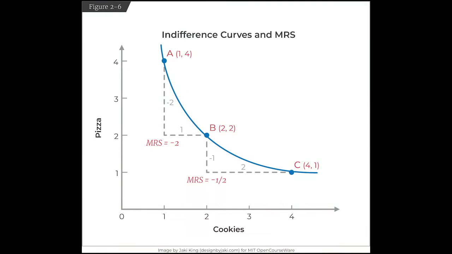Okay? So basically, as you move along the indifference curve, you're more and more willing to give up the good on the x-axis to get the good on the y-axis. As you move from the upper left to the lower right on that indifference map, figure 2.6, you're more willing to give up the good on the x-axis to get the good on the y-axis.